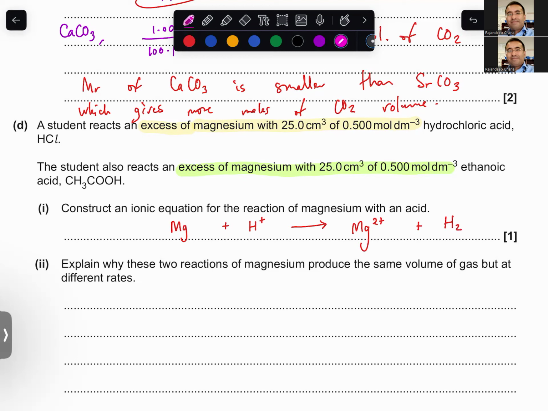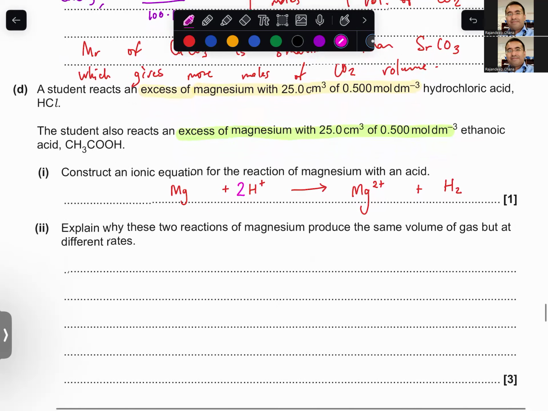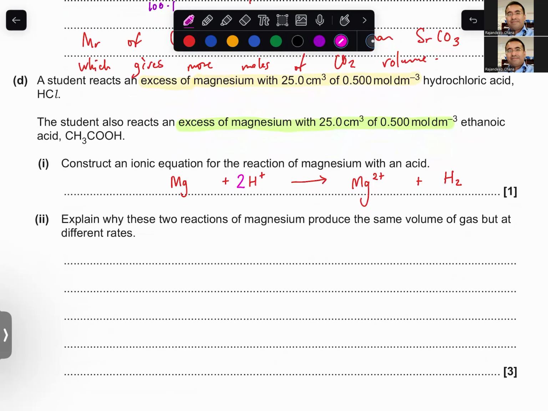And we then just balance it accordingly. This is your ionic equation. It's asking why do these two reactions of magnesium produce the same volume of gas but at different rates?